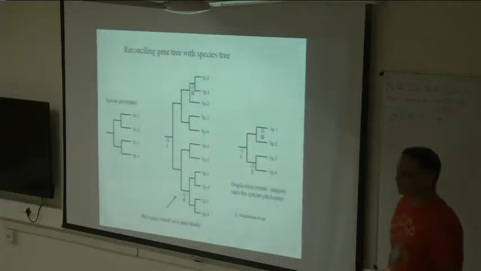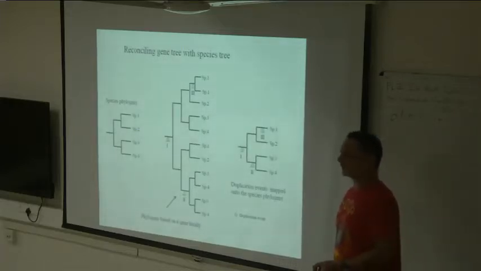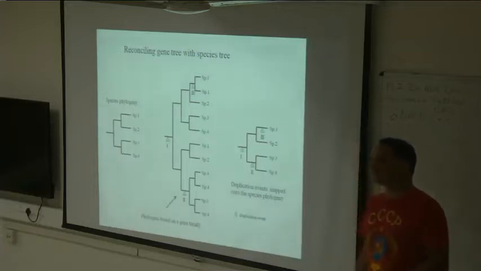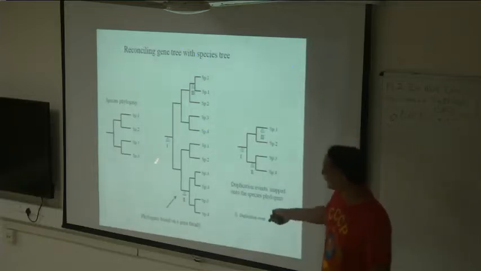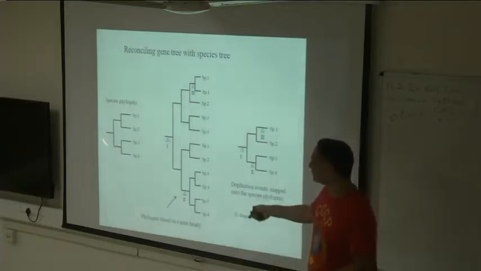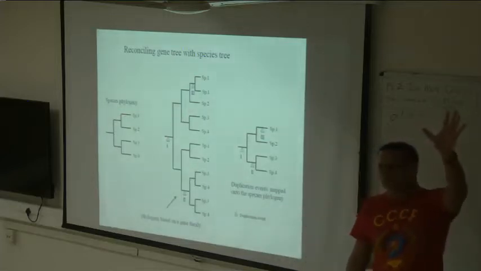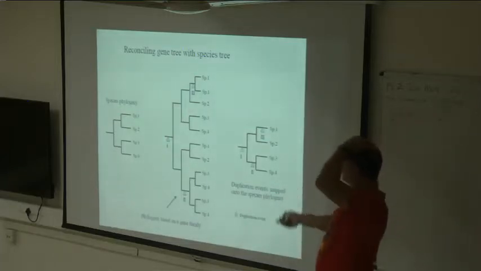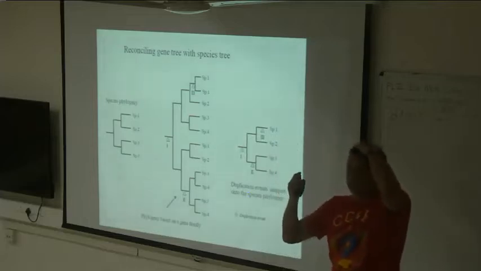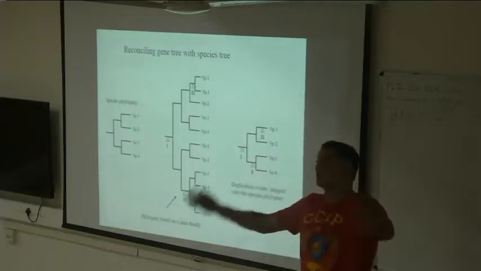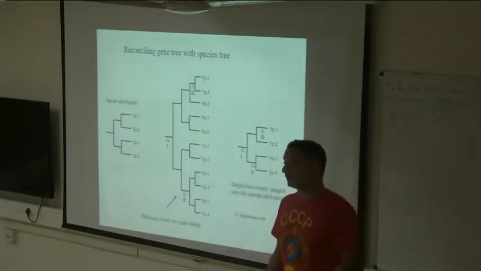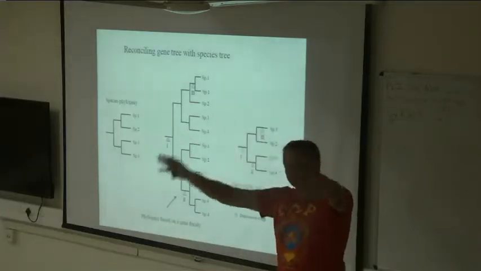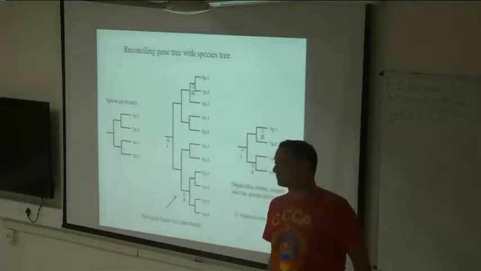So in fact, what people have done to understand duplication events is, you first get your species phylogeny using single copy genes, and then you look at some other gene like the globin gene cluster. There are thousands of copies, right? So you sequence all those copies from a number of species.